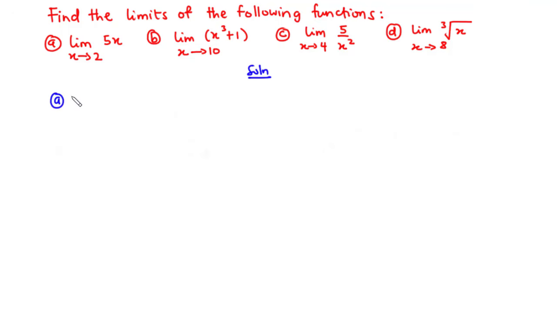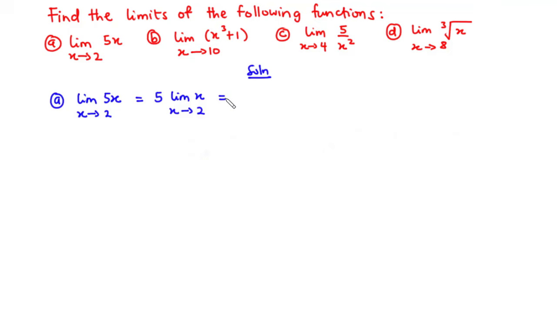Starting from example A, that is the limit of 5x as x approaches 2. Now we can think of this limit as pulling out 5 because 5 is a constant, so we can pull out 5 so that we have 5 times the limit of x as x approaches 2.